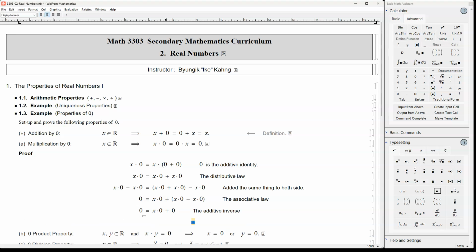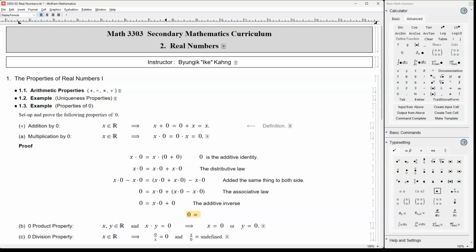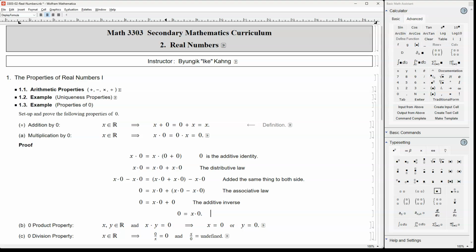Okay, all right. One more and I'm gonna be done. Zero is the additive identity, so adding 0 doesn't change anything, so I can remove it from the right hand side. And then in the end, I got the desired conclusion.